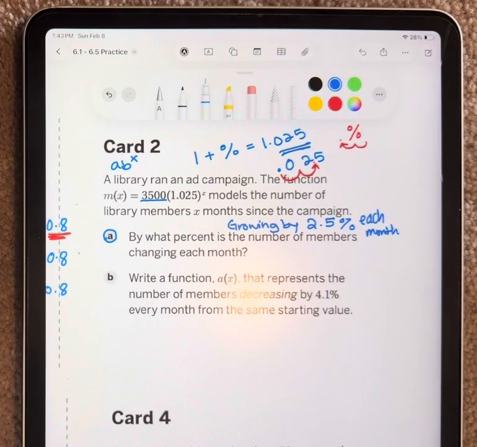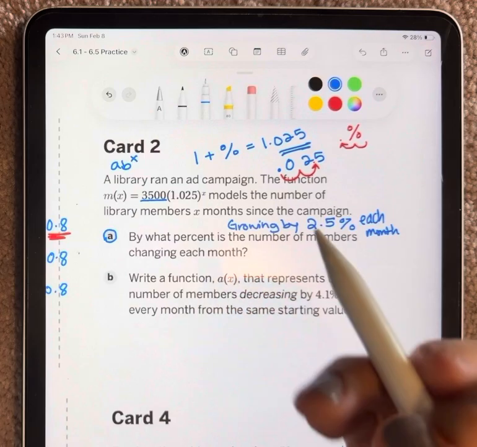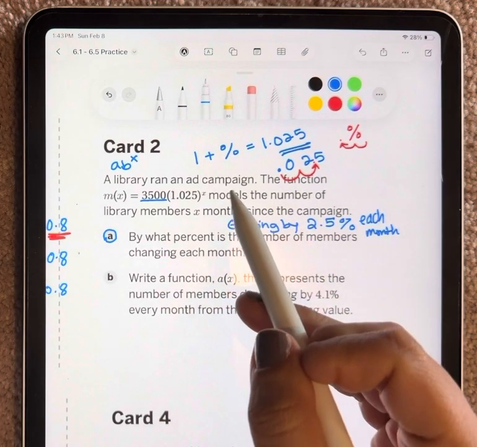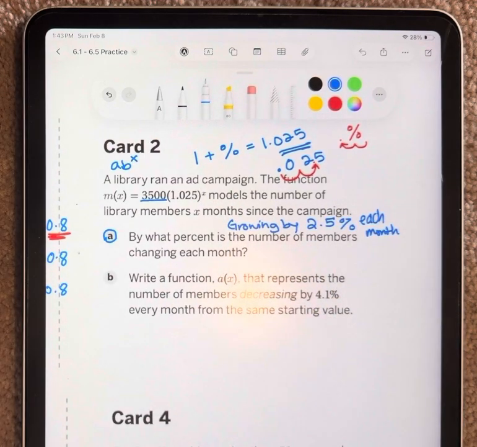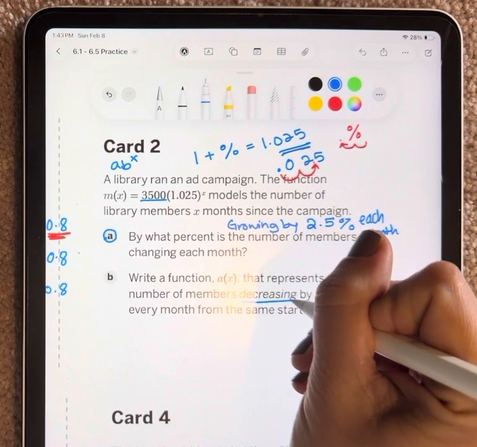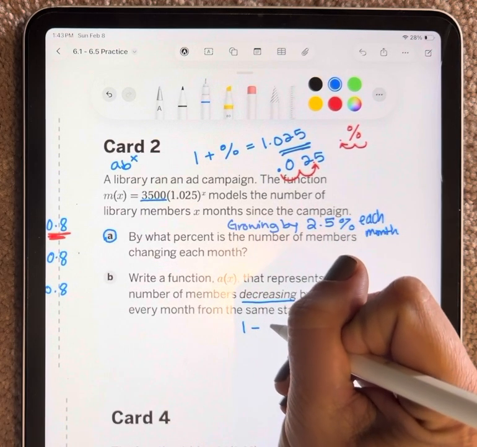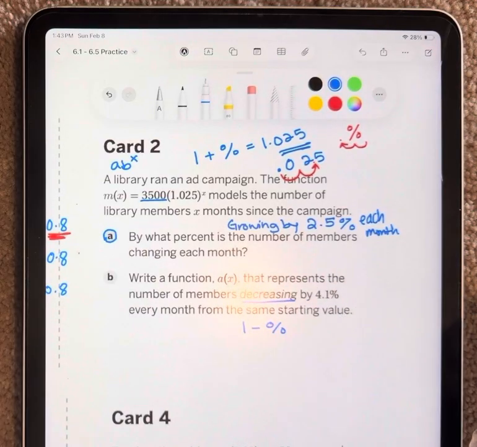Write a function a of x that represents a number of members decreasing by 4.1% every month from the same starting value. So that's if this campaign, maybe this is what was happening before they ran this campaign, okay? They were decreasing. So if I'm decreasing, then I need 1 minus my percentage rate, okay?